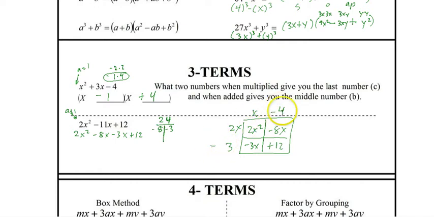Check it, and we're good. So it's 2x minus 3 and x minus 4.